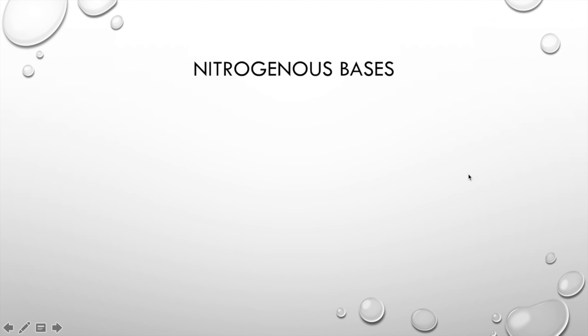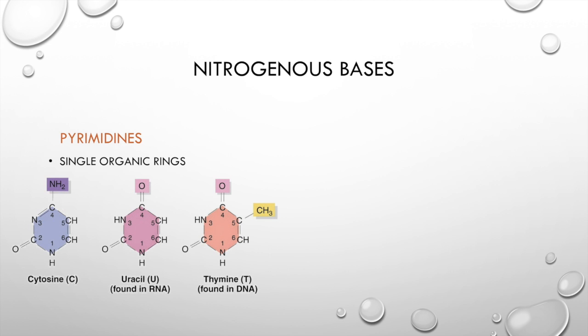So the two general types of nitrogenous bases are pyrimidines and purines. Pyrimidines are bases that are single organic rings, and basically these are going to be uracil, cytosine, and thymine. Now cytosine is found in both RNA and DNA, but uracil is only found in RNA and thymine is only found in DNA.